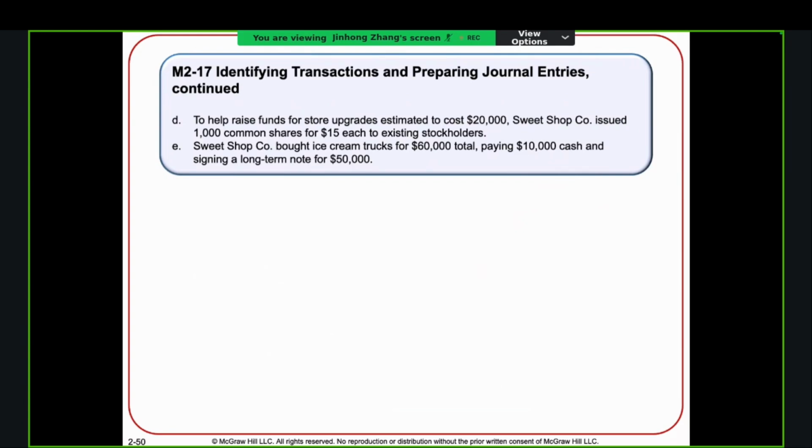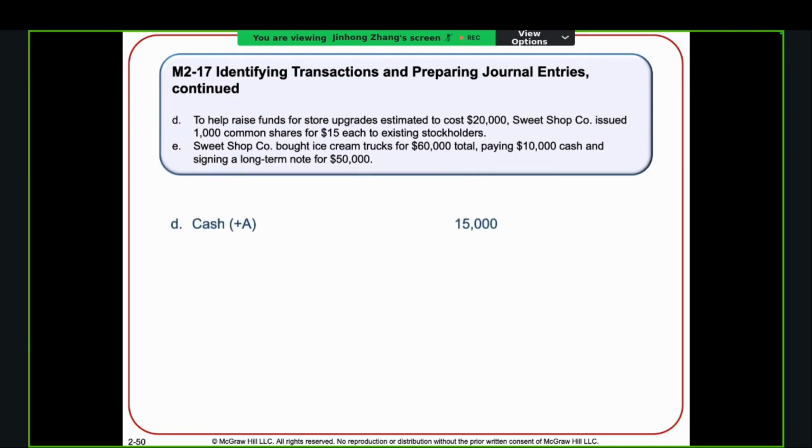So to help raise funds for store upgrades, estimated to cost $20,000, the company issued 1,000 common shares for $15 each. Okay, so 15 times 1,000, what? $15,000 common stock. And then they raised $15,000 cash.